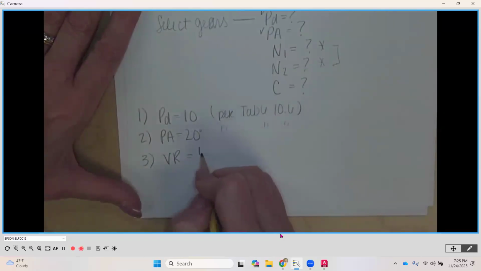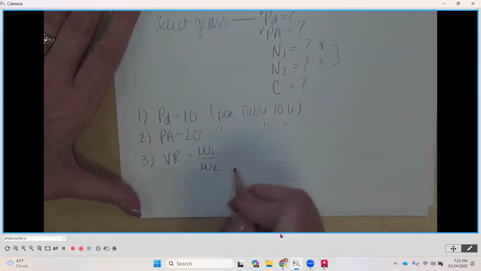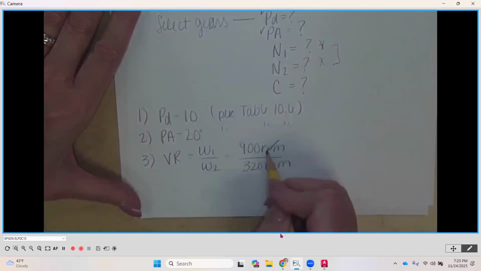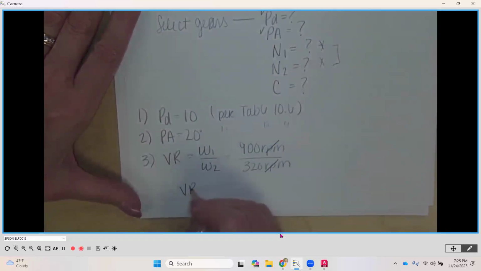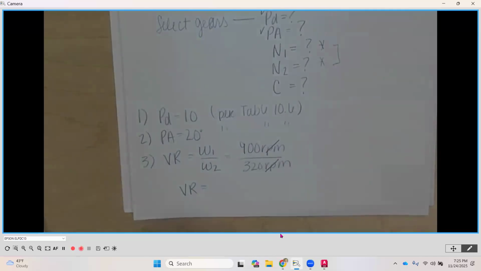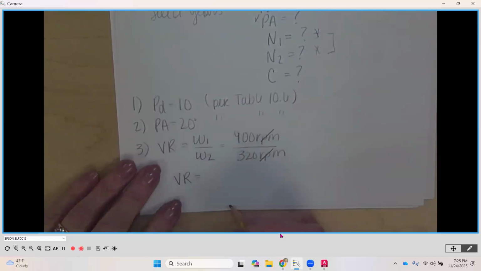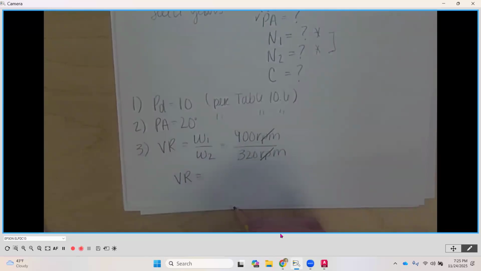That velocity ratio is going to be W1 divided by W2. So we put our 900 RPMs on top and 320 RPMs on the bottom. RPMs cancel. And what do you get for a velocity ratio? Do you get 2.8125? Yep.